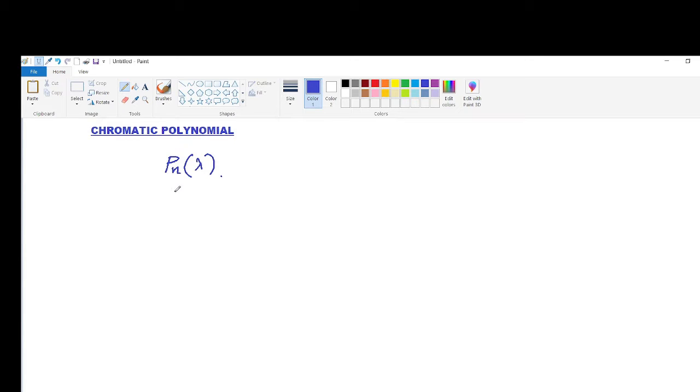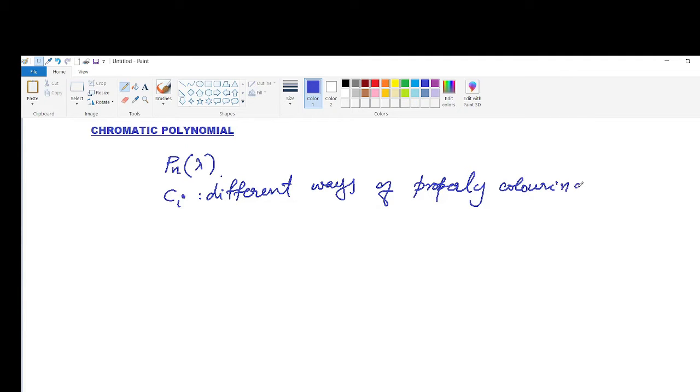Now let us see. Let Ci be the different ways of properly coloring the graph G using exactly i different colors.